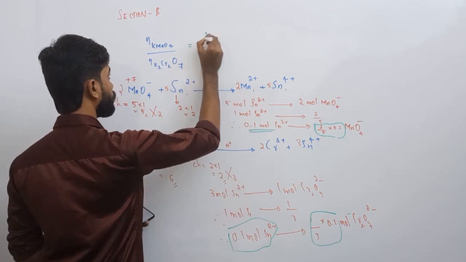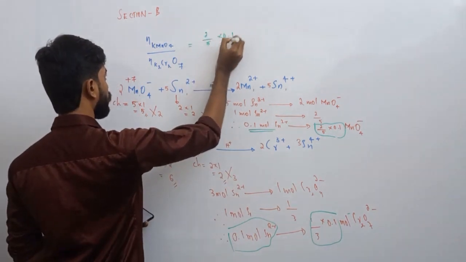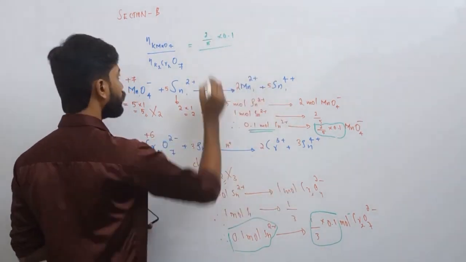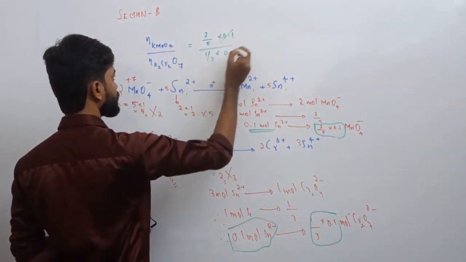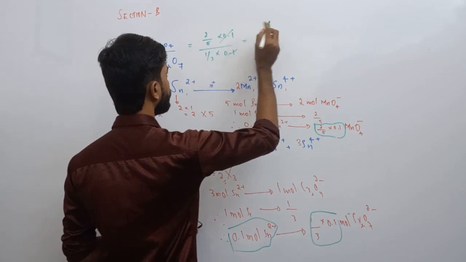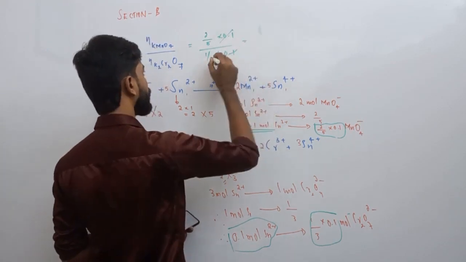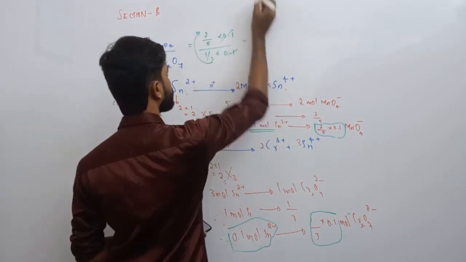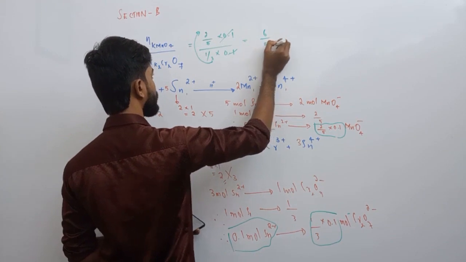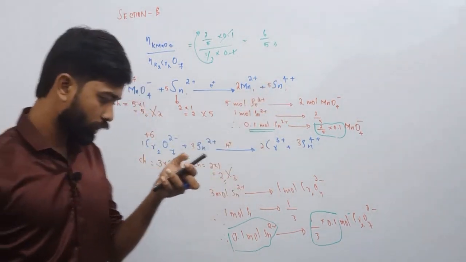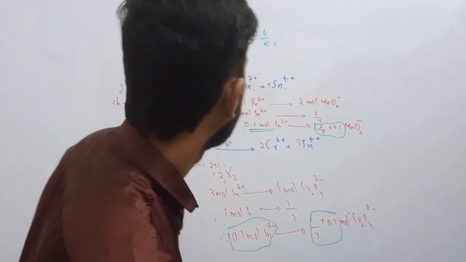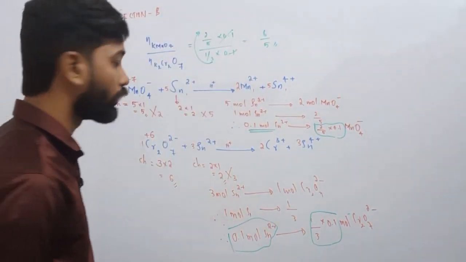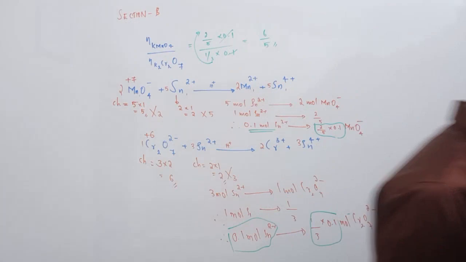That is 2 by 5 into 0.1 divided by 1 by 3 into 0.1. This is cancelled, and this 3 will be on the top, so it will be 6 by 5. So the ratio is 6:5. You can choose the choice as A. Is it okay? Okay, so the choice is A.